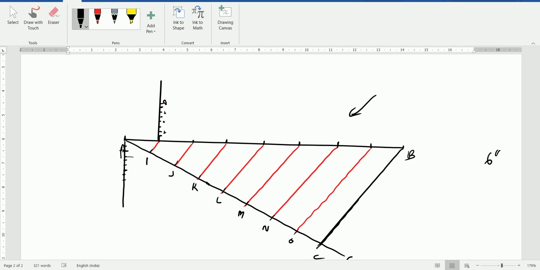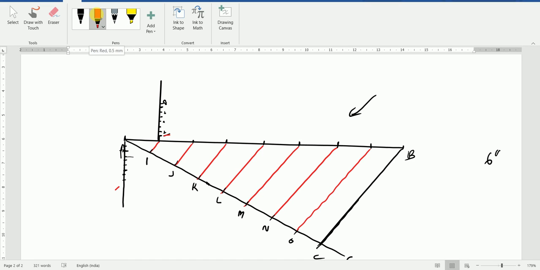And so we have to join the first with the last one. For example, here this is the first one, and then this is the last one.